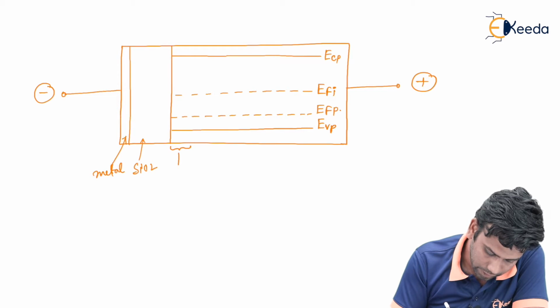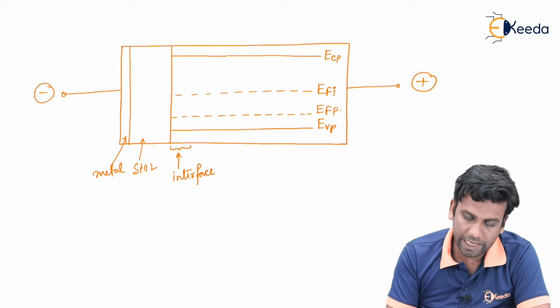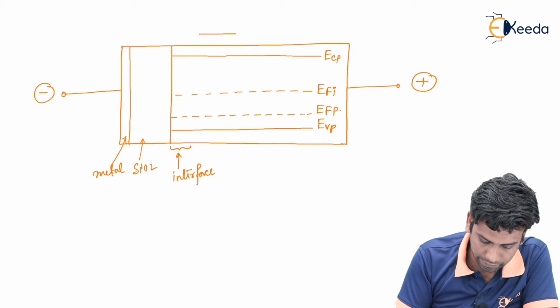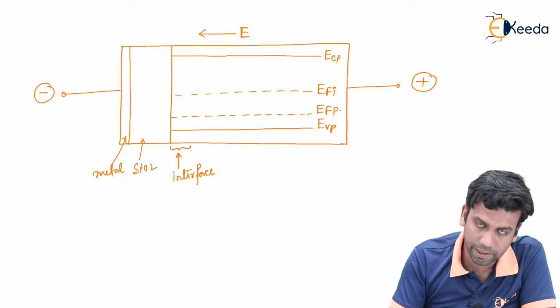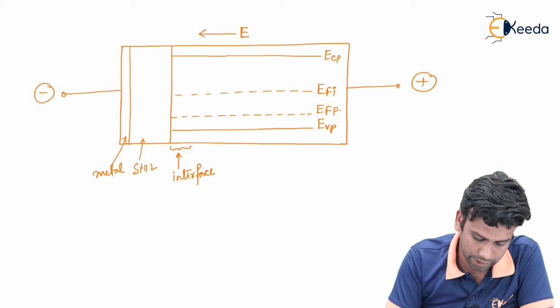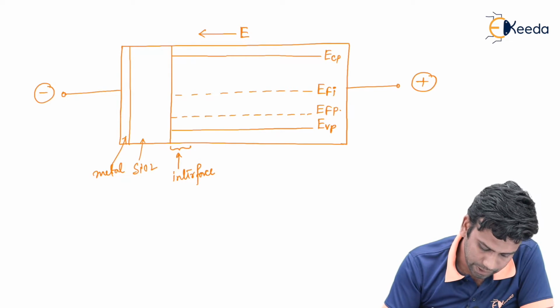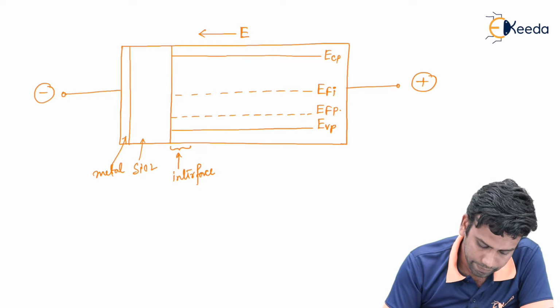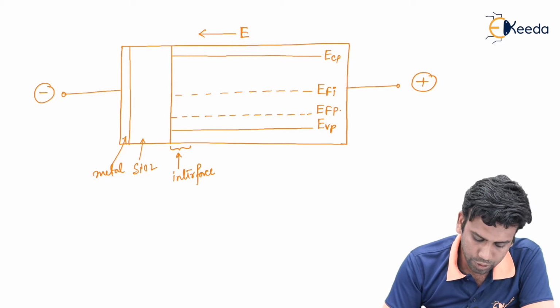So this region is the interface where a layer of holes will be created due to the electric field E created by the external voltage inside the semiconductor. So in this region of interface there will be a large concentration of holes inside the p-type substrate. That's why the EFI and the EVP will bend towards the EFP in this manner.